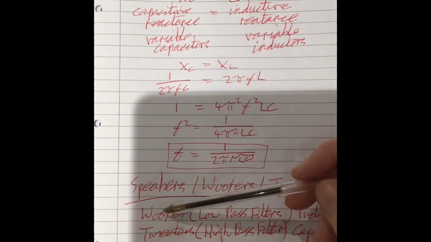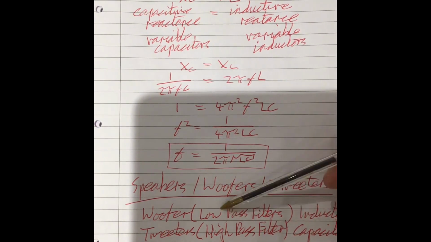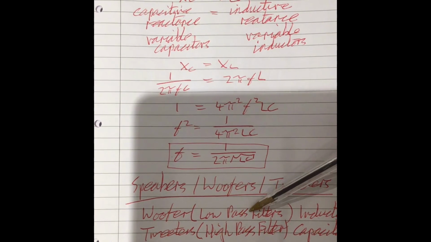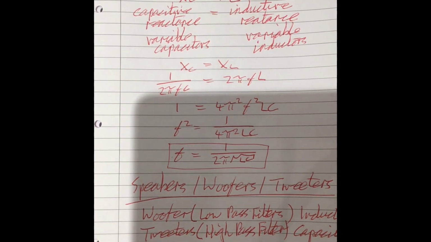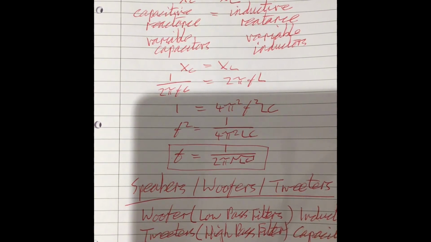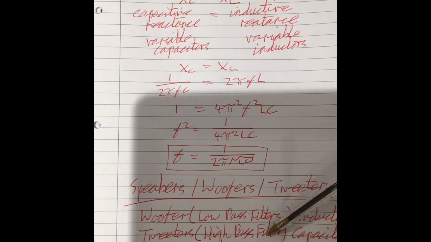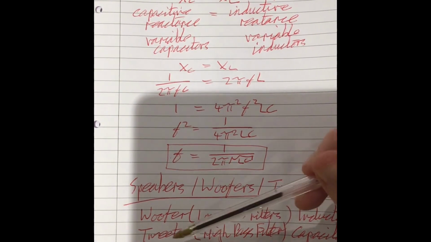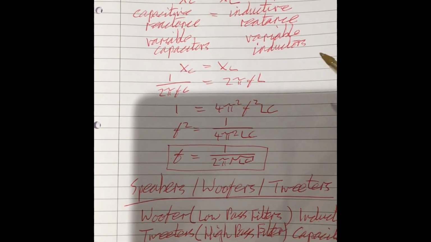One section will be passed through an inductor, which will allow the low frequencies to pass, and that will go to a large diameter speaker cone and give us a good reproduction of the low notes. The other section, the other parallel branch, will be passed through a capacitor, which will allow the high frequencies to pass but block out the low frequencies. That will go to a small diameter cone and will give us a good reproduction of the high frequency sounds.